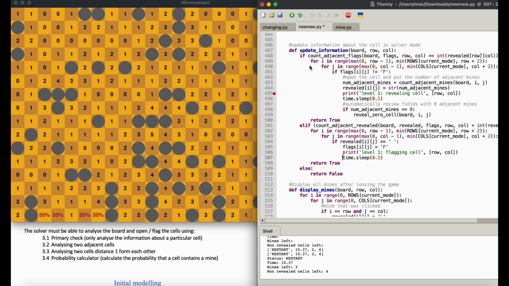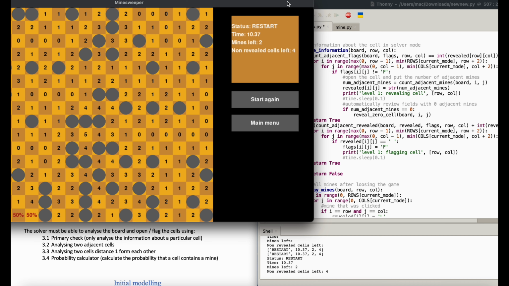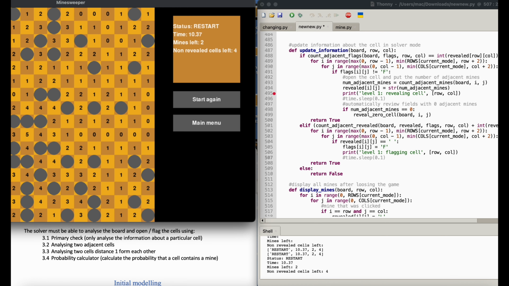And here I have the function which basically does it, and I'm going to firstly just output the cell and then use the function sleep in the time library to see how it is doing, so we can see some time between these changes.